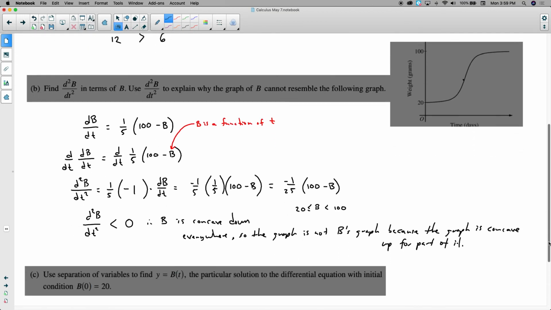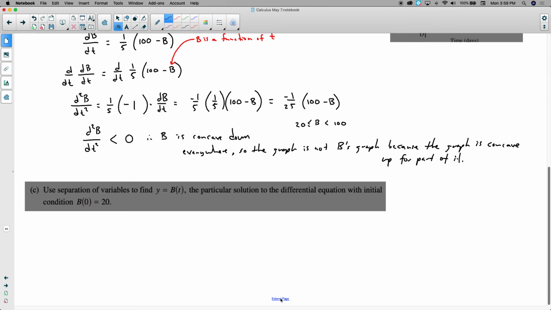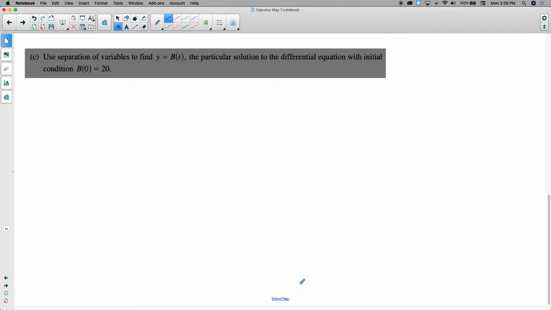Let's go on to C. And this is just the classic problem, and we'll have to roll this out. It's usually a lot of algebra, so I'm thinking that they're going to do this to us. All right, so use separation of variables to find the particular solution since we do have an initial condition.